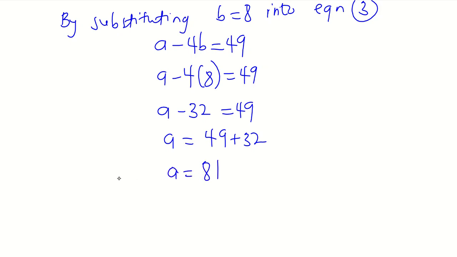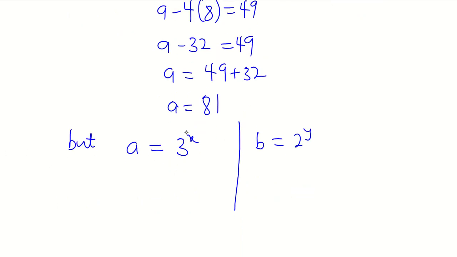But remember, we are not looking for the value of a and b. We are looking for the value of x and y. So we said earlier that we should let a be equal to 3 exponent x, and we should let b be equal to 2 exponent y.